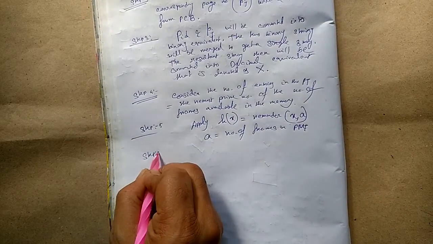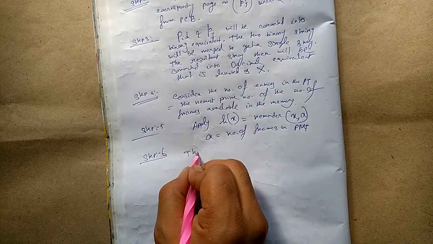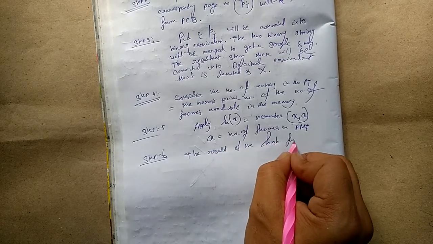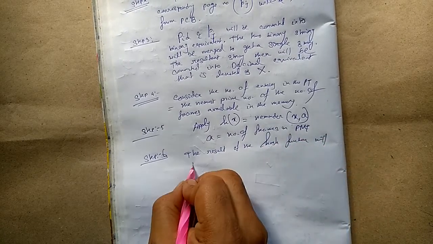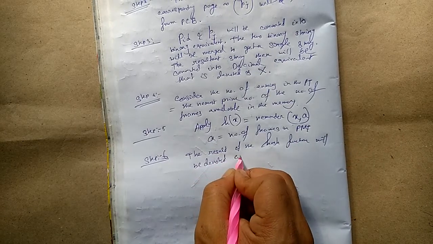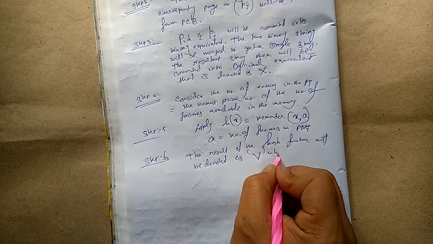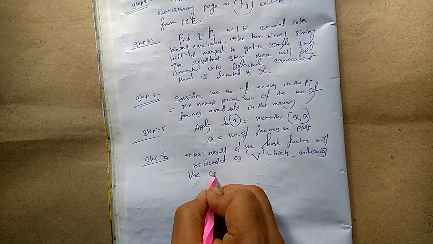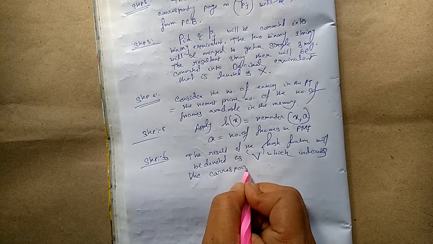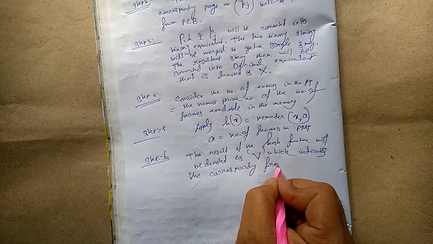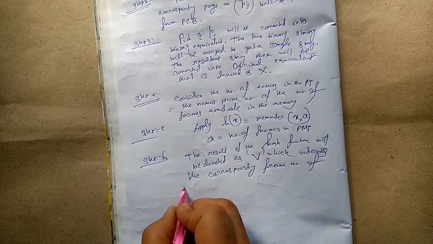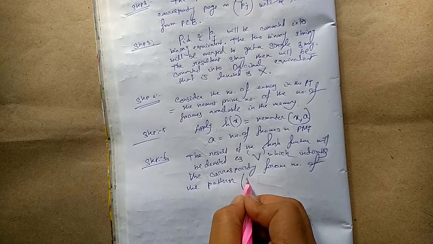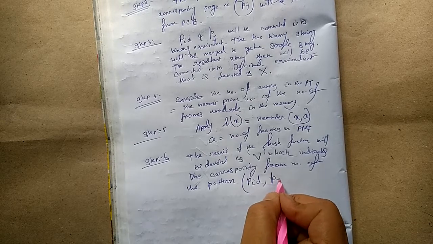Step 6, the result of the hash function will be denoted as V, which indicates the corresponding frame number of the pattern PID, Pj.